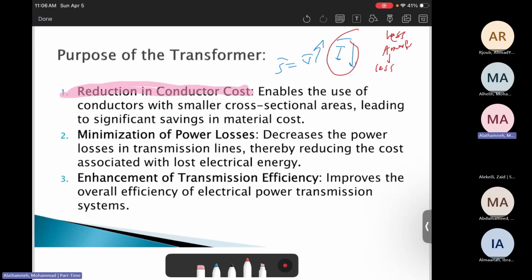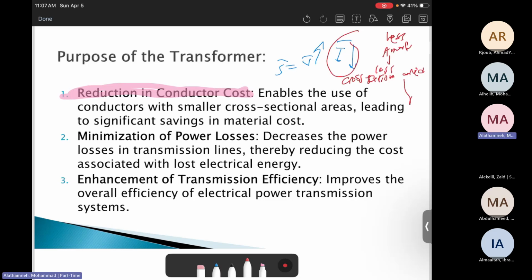It means less cross-section area, which means less cost. Less amps, fewer currents, which will make less cross-section area of the conductor. Then you will save some money.